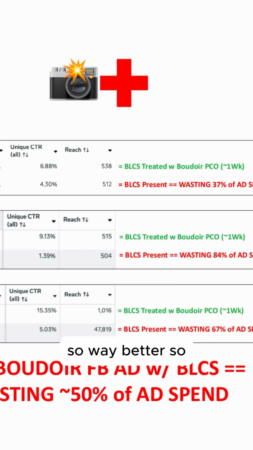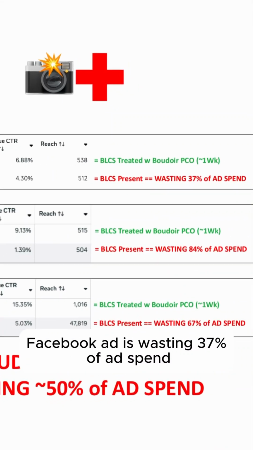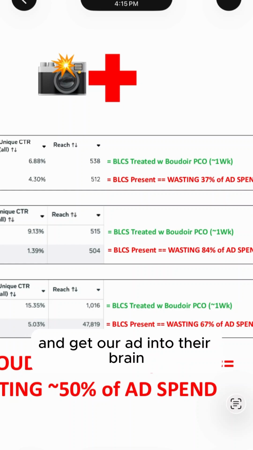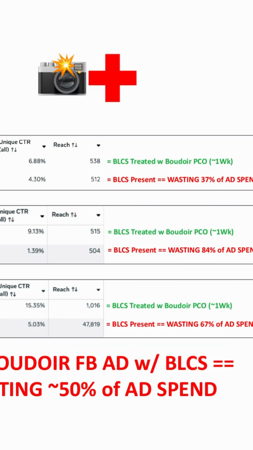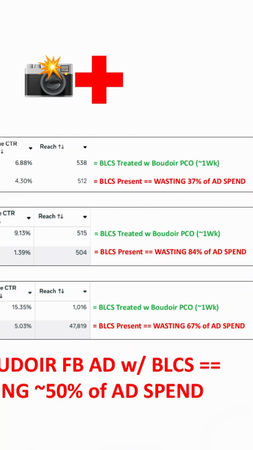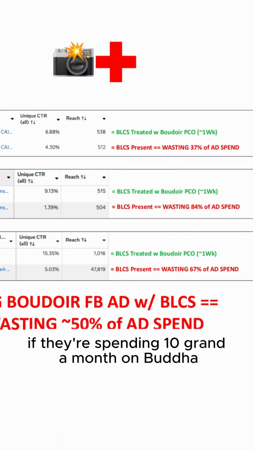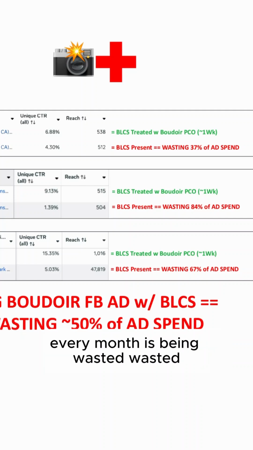So way better. So we found out the original Boudoir Facebook ad is wasting 37% of ad spend by only getting 4.3 out of 100 women to click somewhere on it and get our ad into their brain. And the Boudoir PCO treated one is actually getting to 6.88 out of every 100 women's brains. So if they're spending 10 grand a month on Boudoir Facebook ads, 3,700 bucks a month, every month is being wasted.